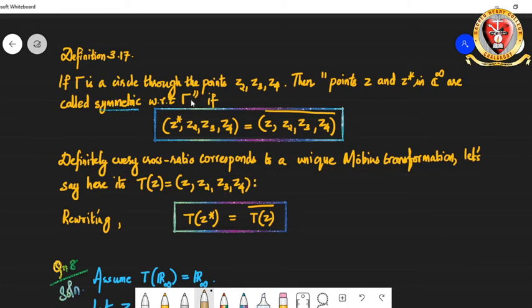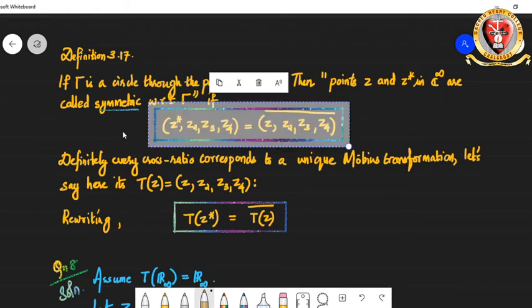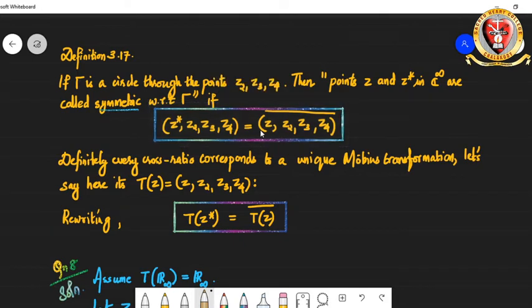circle gamma if the cross ratio of Z star, Z2, Z3, Z4 is equal to the conjugate of the cross ratio Z, Z2, Z3, Z4.